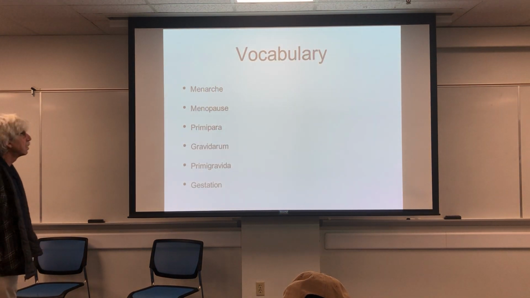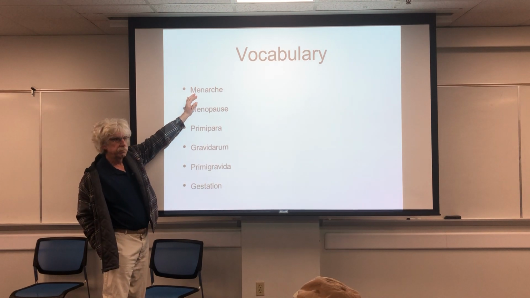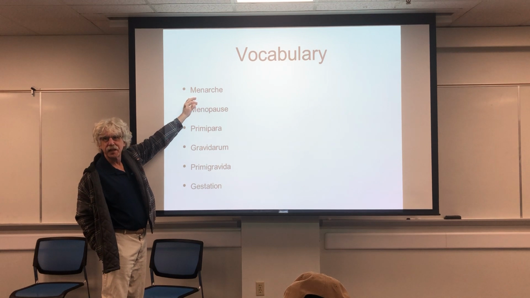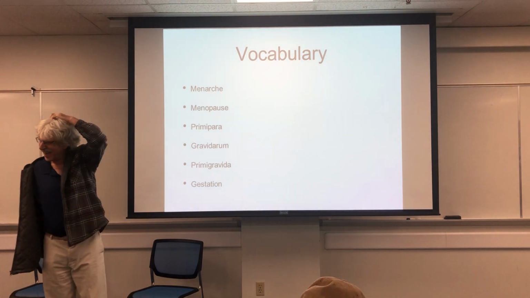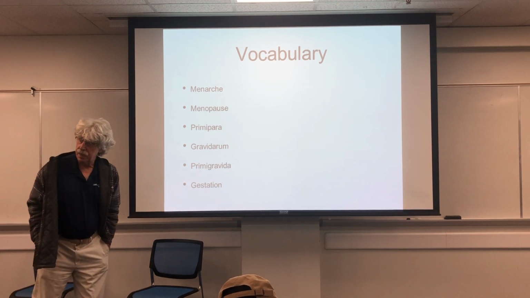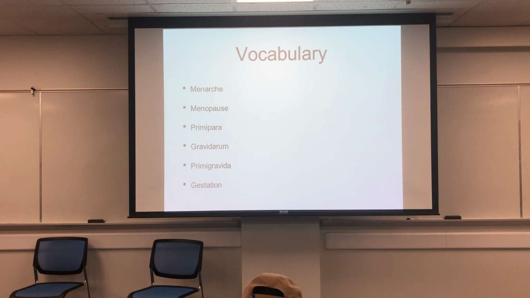Okay, let's talk a little bit about what this means. Menarche. What is menarche? Is it the cousin of malarkey? Menarche is basically when a woman's period begins to stop due to age. Oh, sorry, okay. So that's menopause.